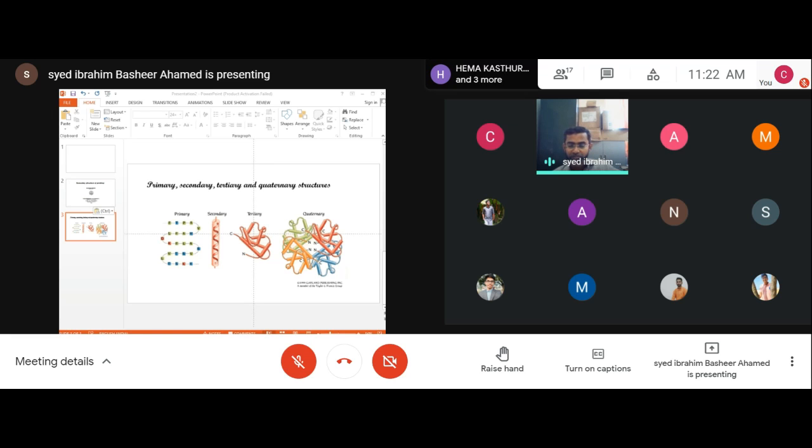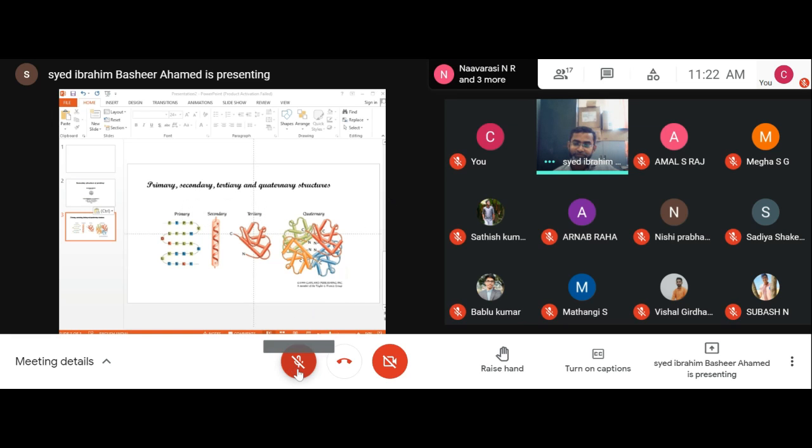So if anybody tested positive, Chandini, Amarraj also. Luckily, no. Amarraj, you are driving a scooter again. Speak something, yeah.